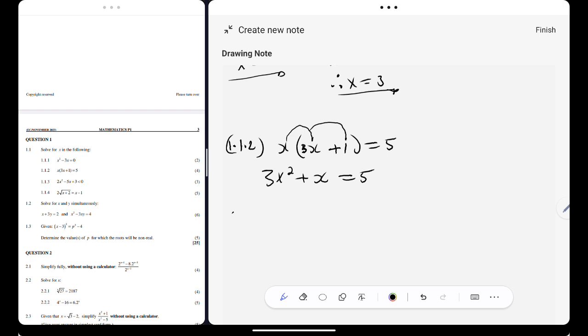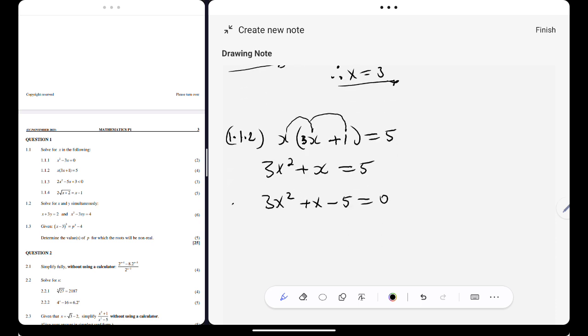All I need to do is to put my equation in standard form. I'll have 3x squared plus x minus 5 is equal to 0 all together. And then now my equation is in standard form. The value of a is positive, but I cannot make it equal to 1.